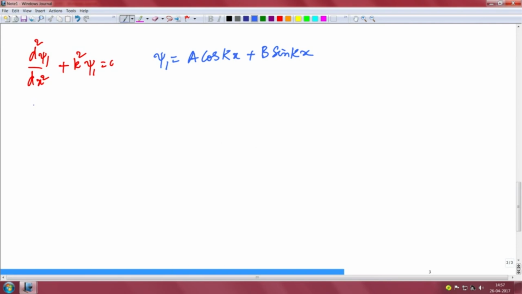Similarly, in region 2, d square psi 2 by dx square minus alpha 2 square psi 2 equal to 0. The solution is of the form psi 2 equals C into e power minus alpha 2 x.